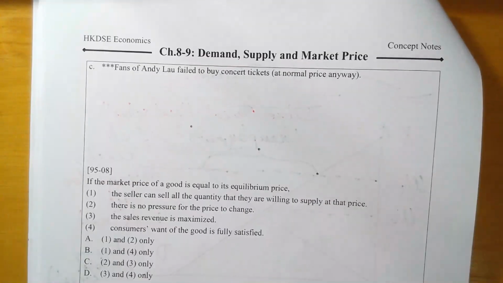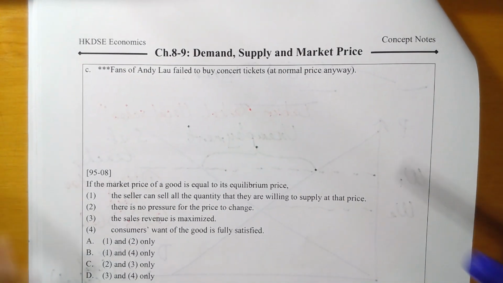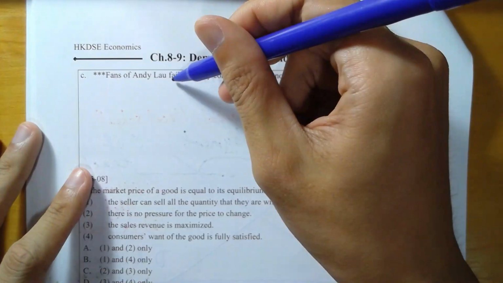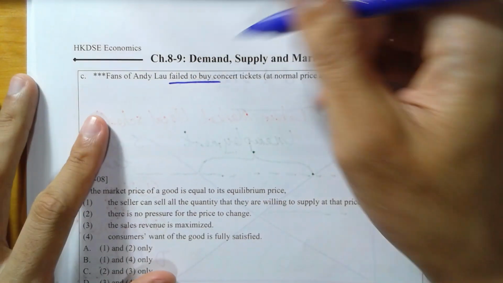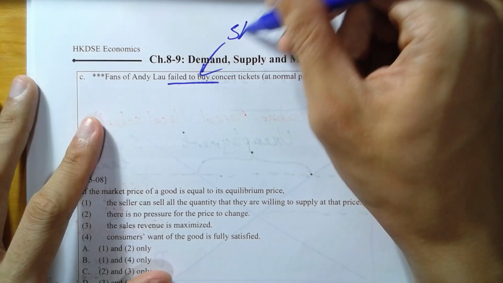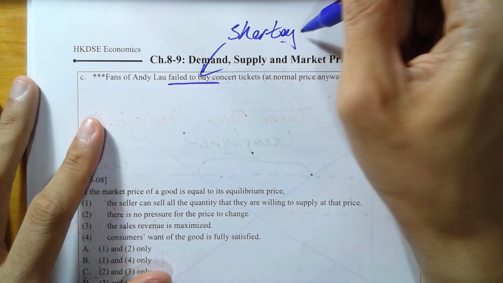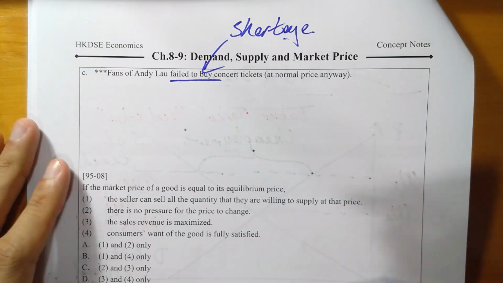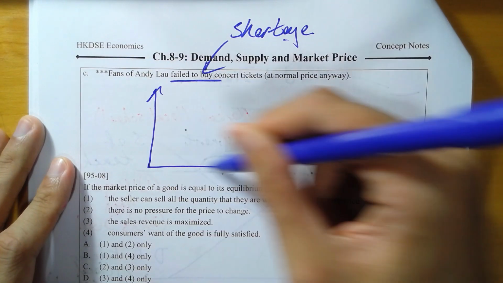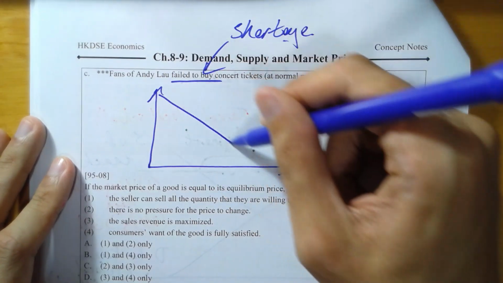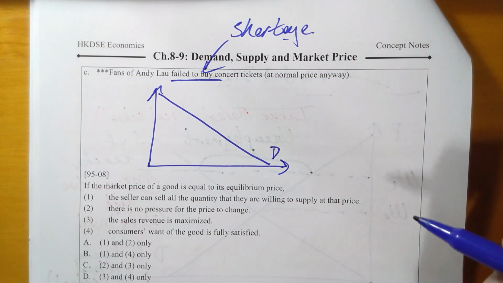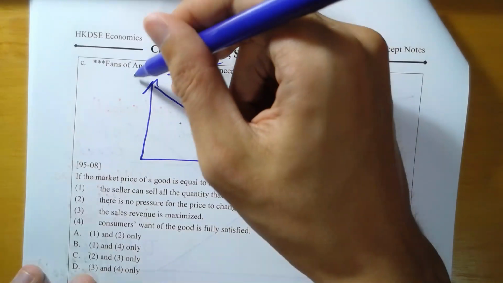Alright, here. Finally, one more example. Fans of Andy Lau fail to buy ticket. Basically, you already see, this is a shortage. 買唔到飛係咪即係 shortage 啊？Alright, so this time, immediately, we know we have a demand, but then be careful.